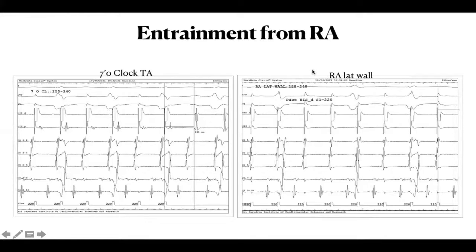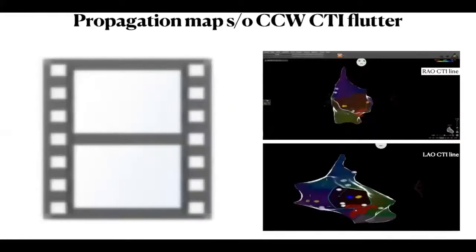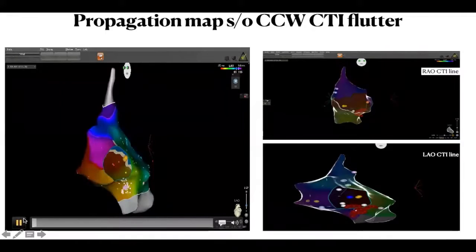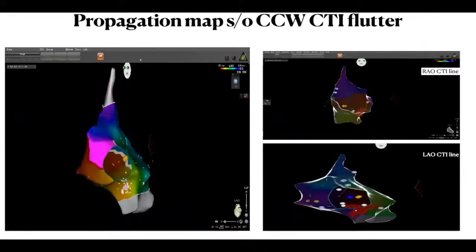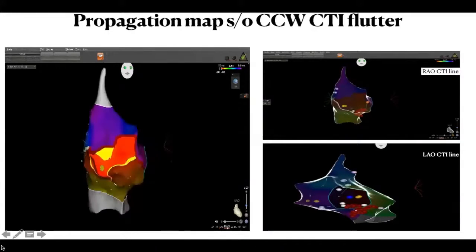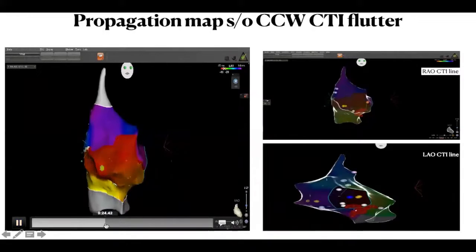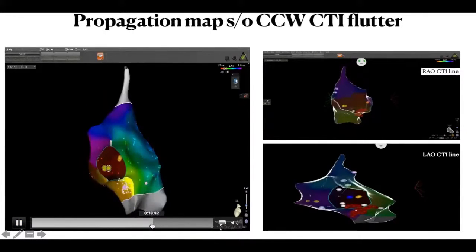We then proceeded to map the RA using 3D CARTO, and this is the propagation map that we got. The propagation map is clearly suggestive of a classical counterclockwise CTI flutter. These are the different views of the CTI flutter.